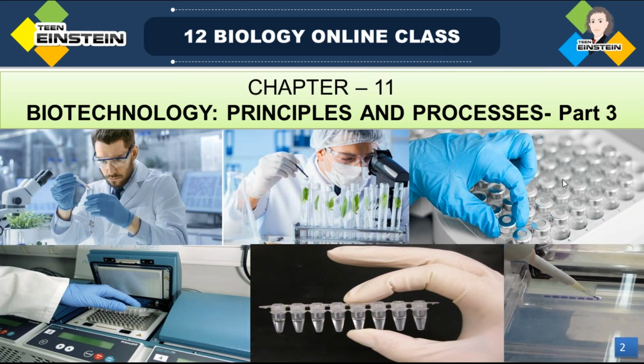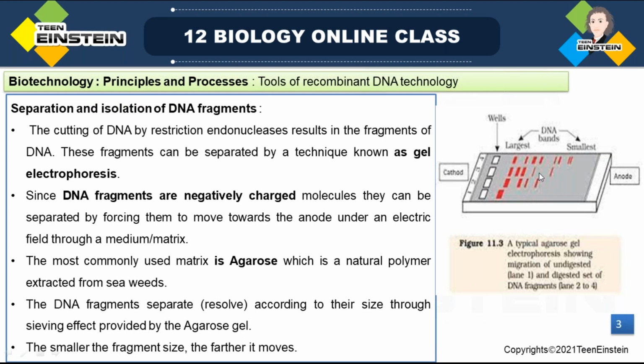So in the vector DNA also, the same restriction endonuclease will make a cut. So a sticky end will form, right? So the vector DNA and the foreign DNA will join at the sticky ends and that forms a recombinant DNA. Okay. So up to that, we have learned in the last class.